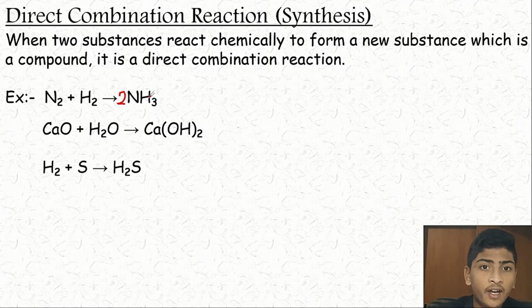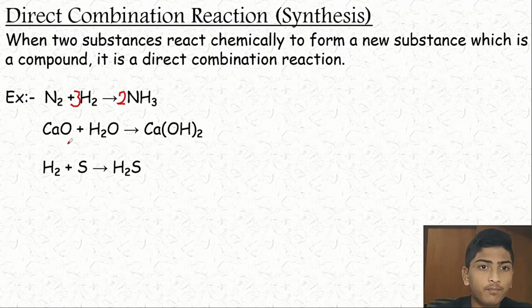If we write 3 here, then 3H2 and 2NH3. Here N2, here N2, 3H2 and 3H2. Here 6 hydrogen atoms, here 6 hydrogen atoms, here 2 nitrogen, here 2 nitrogen.